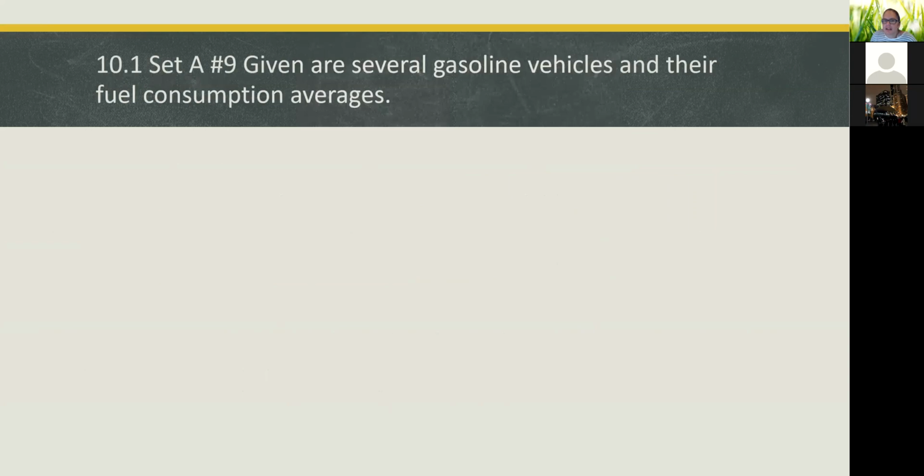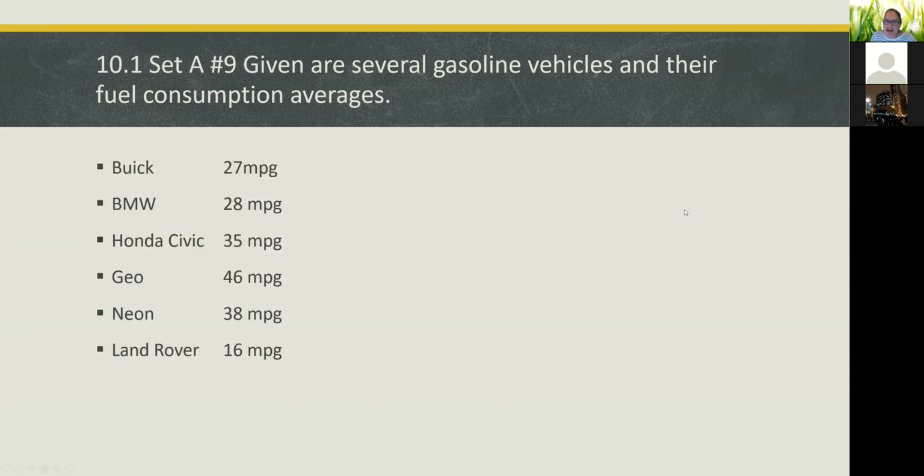Okay, next we're going to take a look at number 9. It says, given are several gasoline vehicles and their fuel consumption averages. All right, so we've got the Buick that gets 27 miles per gallon all the way down to the Land Rover that only gets 16 miles per gallon. And then part A says to draw a bar graph to represent the data.